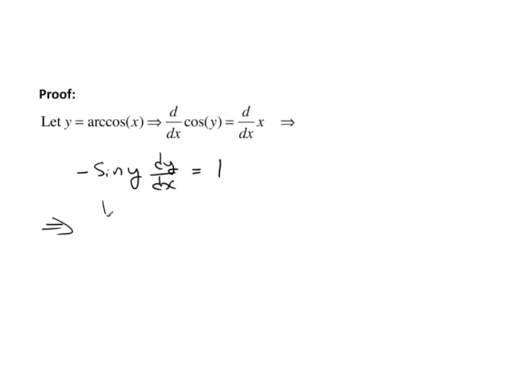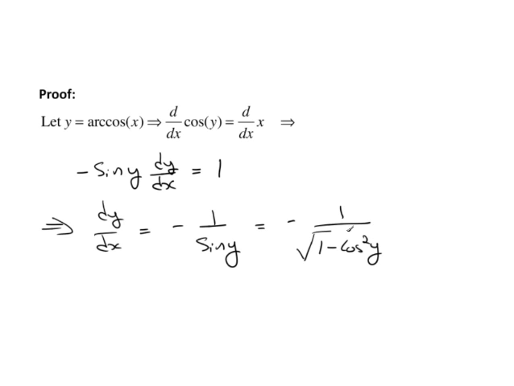That implies that dy/dx is equal to negative 1 over sine of y. But sine y is the square root of 1 minus cosine squared of y. Because as you may recall, 1 minus cosine squared is sine squared, so the square root of 1 minus cosine squared is going to be sine.